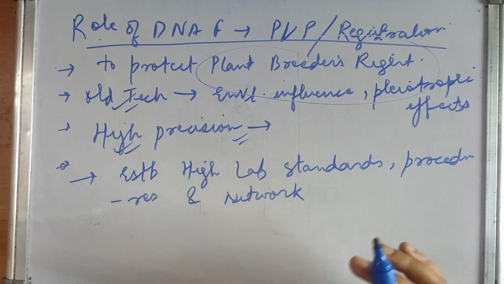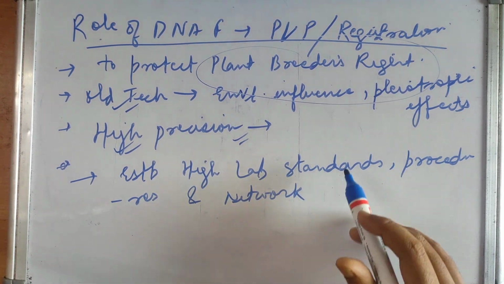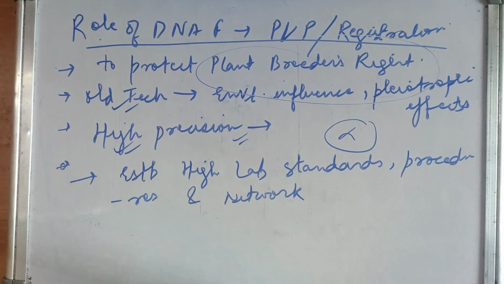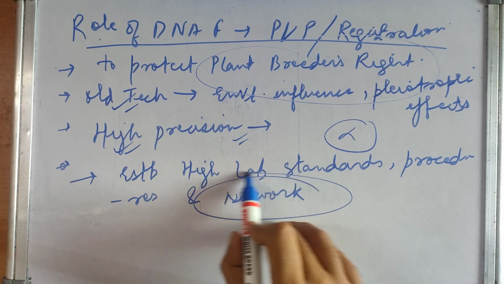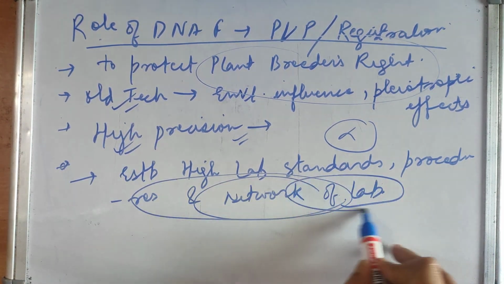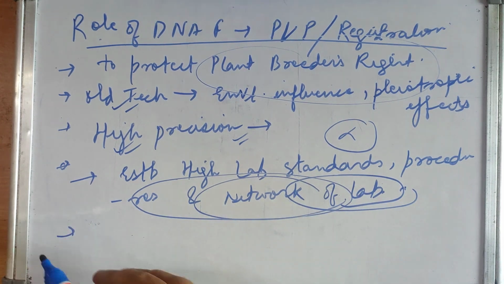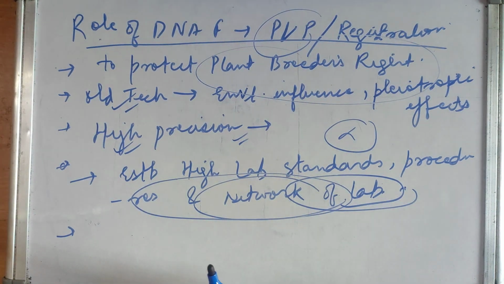Suppose you are exporting some variety to Australia, but a breeder in Australia starts claiming that the exported variety was made by him or her. So we need a global network of labs, which will also enhance the role of DNA fingerprinting in plant variety protection and registration.